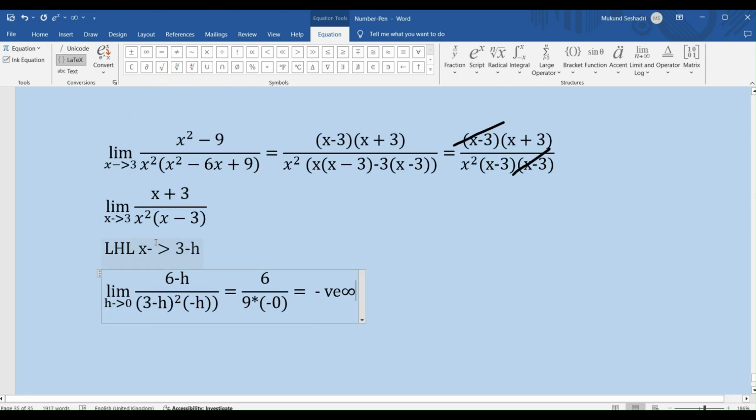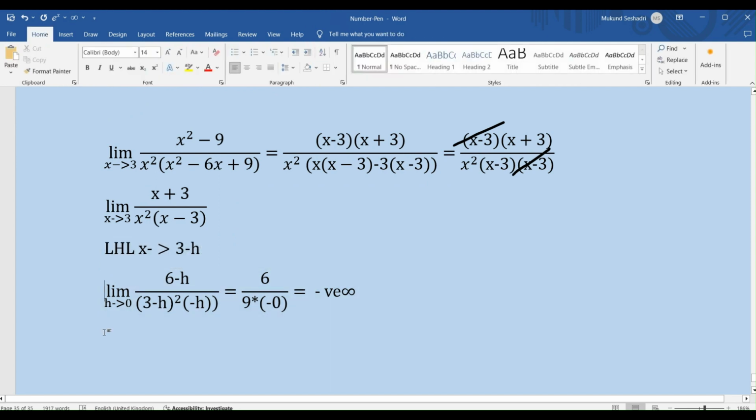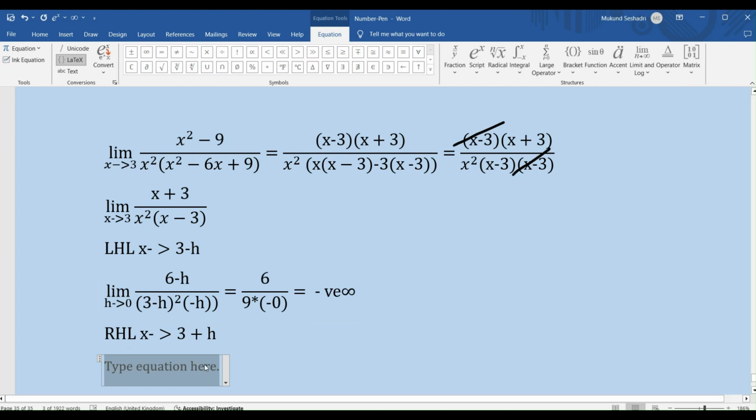And let's do the RHL, which is the right hand limit where x takes a value slightly greater than 3, and that is 3 plus h.